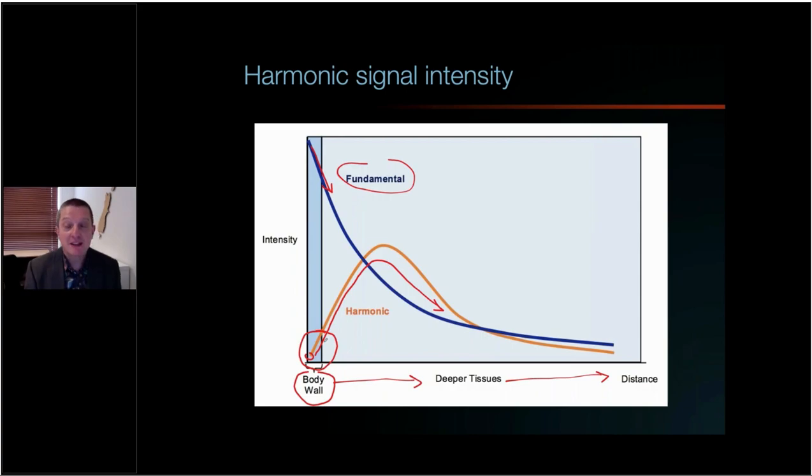Because there are few harmonics, there are very few artifacts associated with the body wall as well. So that's one of the ways that harmonic imaging reduces artifacts such as reverberation, by literally bypassing the body wall. There's simply not enough harmonics generated that close to the transducer.